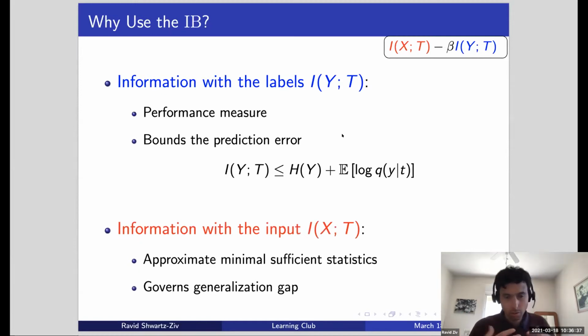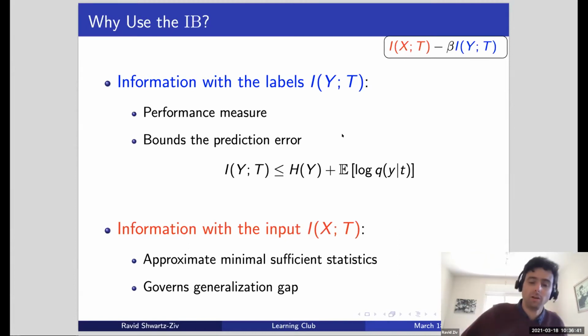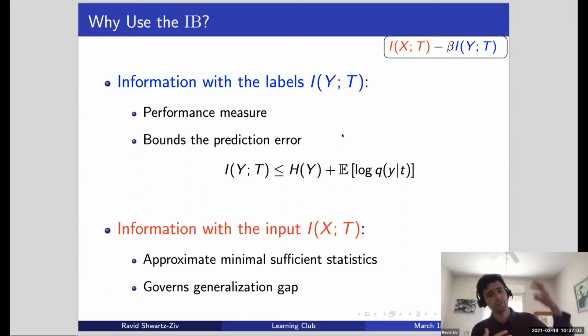And why use the information with the input? You can think of it as an approximate minimal sufficient statistic. In the general case, we don't have a non-trivial minimal sufficient statistic, so we can only approximate it. Also, this information bounds the generalization gap, which is the difference between the train error and the test error.